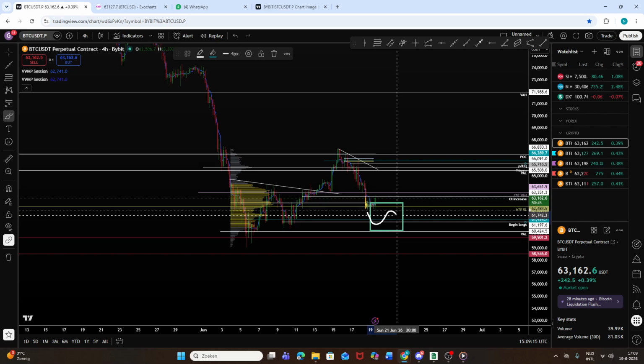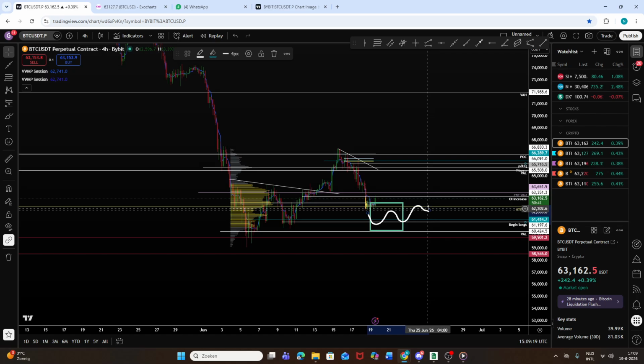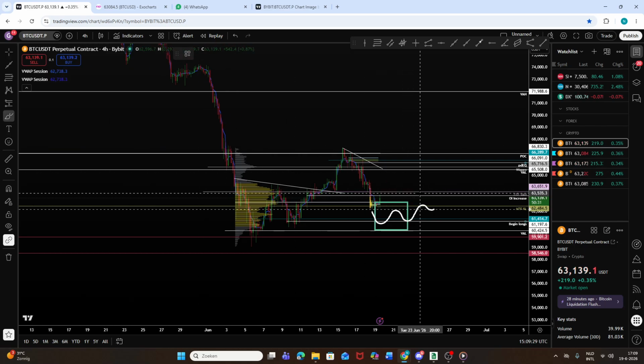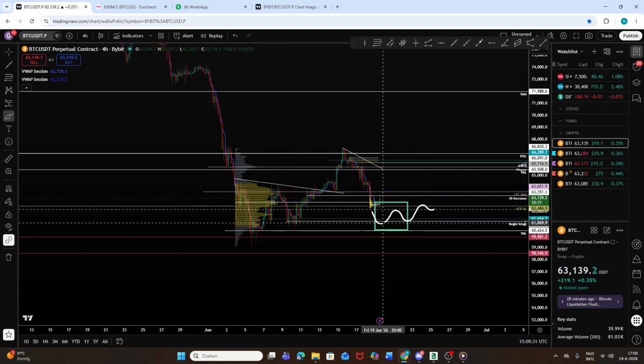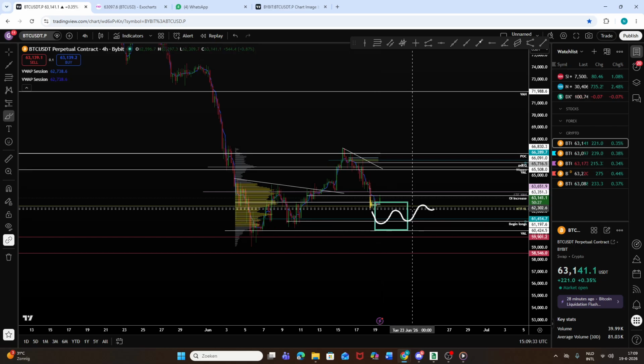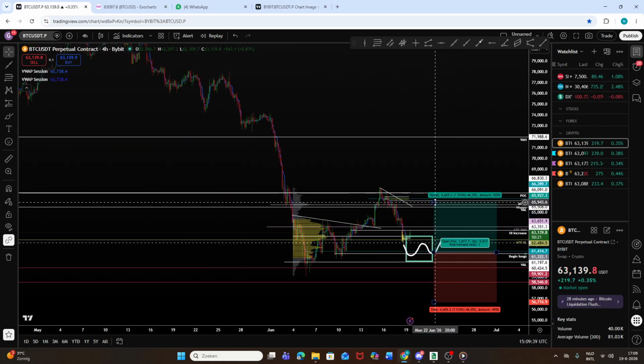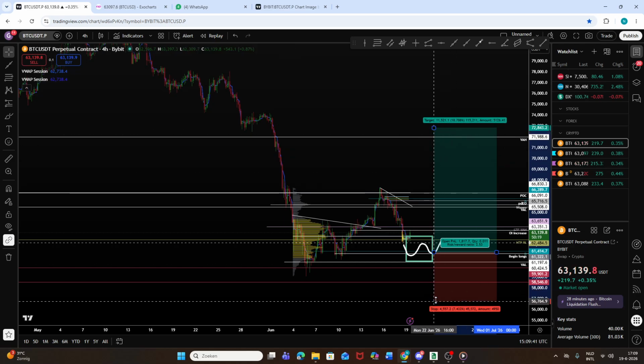I want market structure to be bullish. I want bullish order flow, and that means I want people to be shorting here with bullish divergences. I want to see people shorting on these resistance areas once a nice level of support has been hit. And then I will take the long, and then I will target this to at least 73K, to be honest.